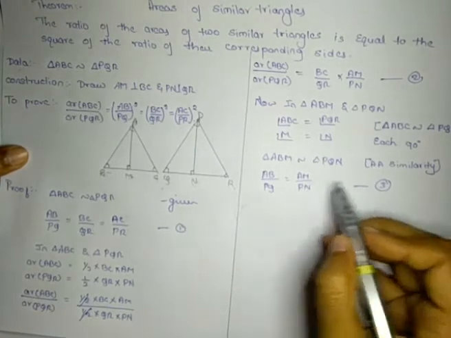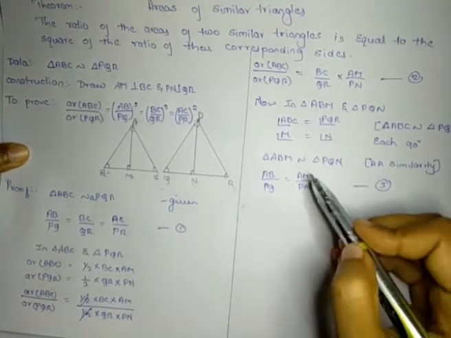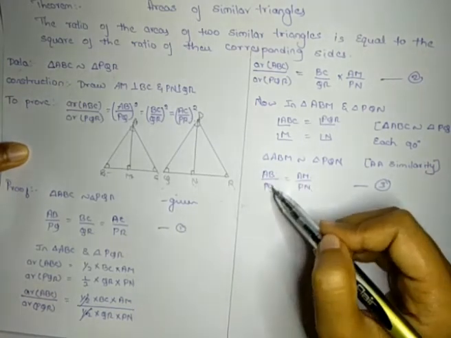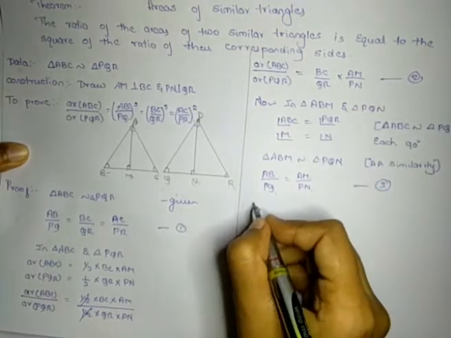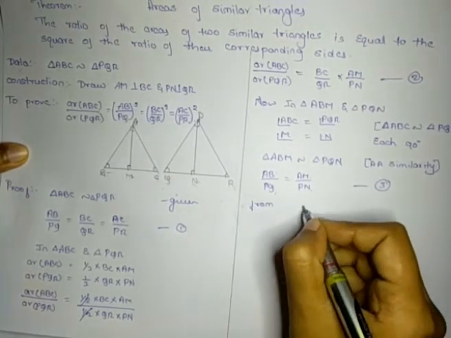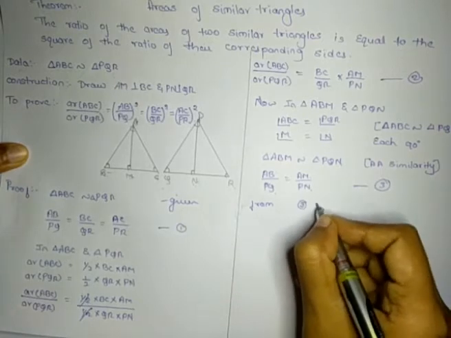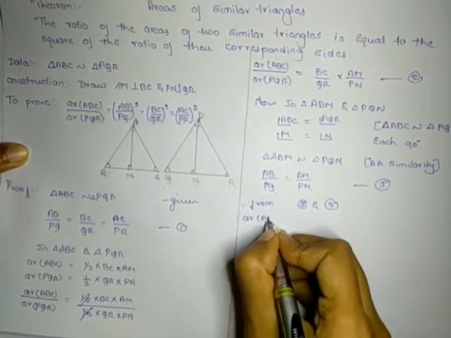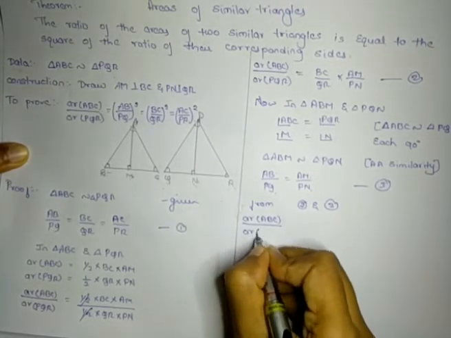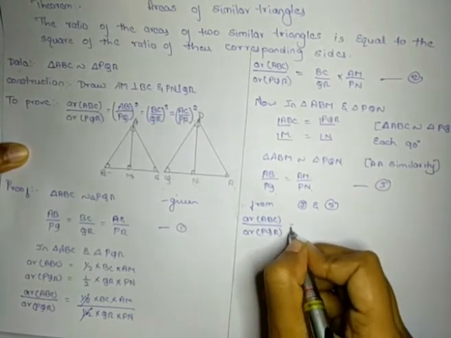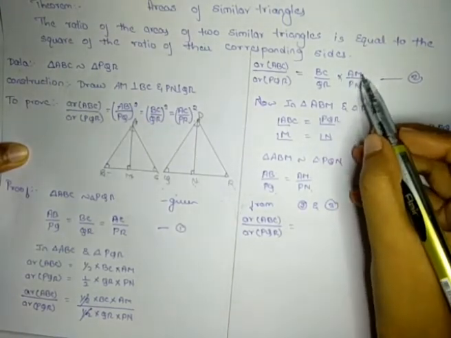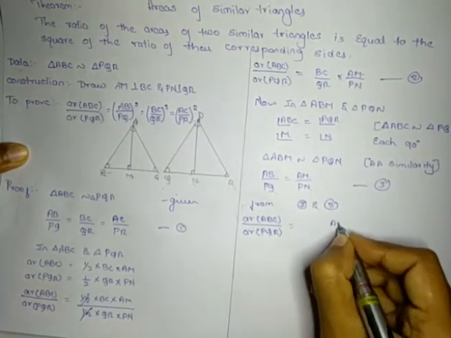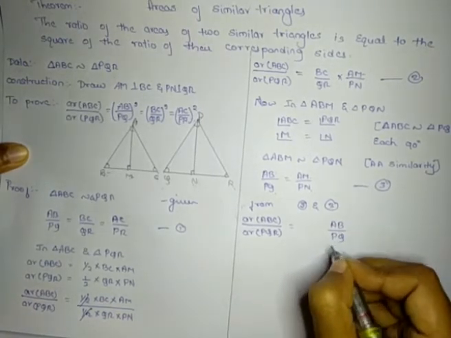Now you can observe equations 2 and 3. Here AM divided by PN means AB divided by PQ, so I am going to substitute this value in equation 2. So from 2 and 3, area of triangle ABC divided by area of triangle PQR is equal to what we got here: instead of AM divided by PN, I am going to substitute AB divided by PQ, right?